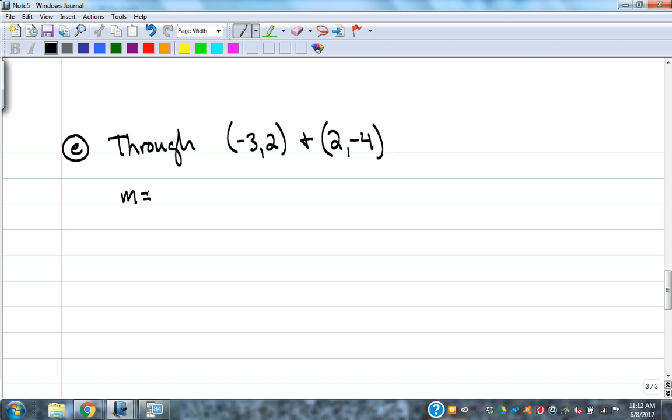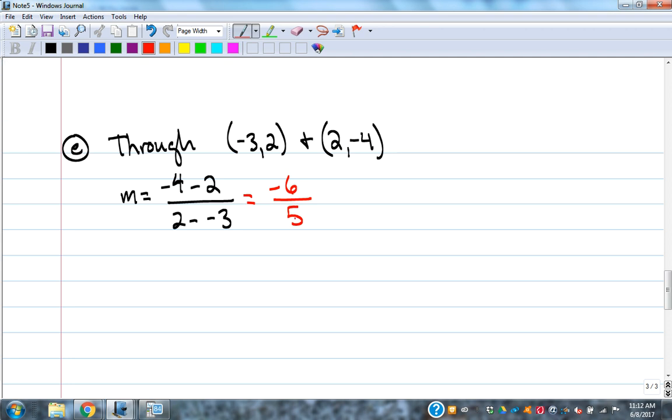The slope. Good. So y2 minus y1. So I'm going to say -4 minus 2 over 2 minus -3. That'd be -6 over 5.